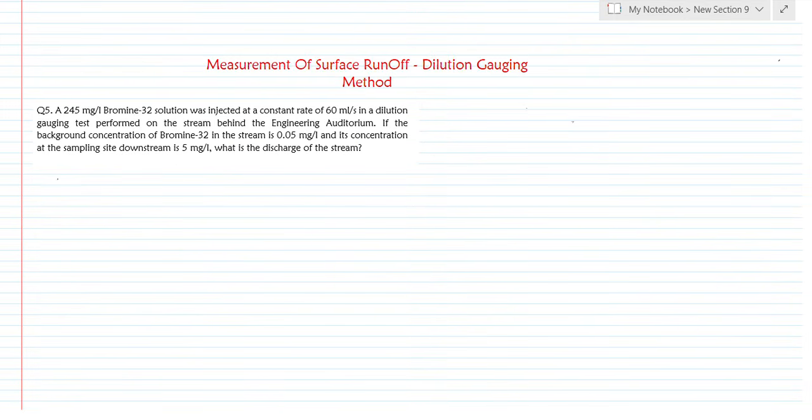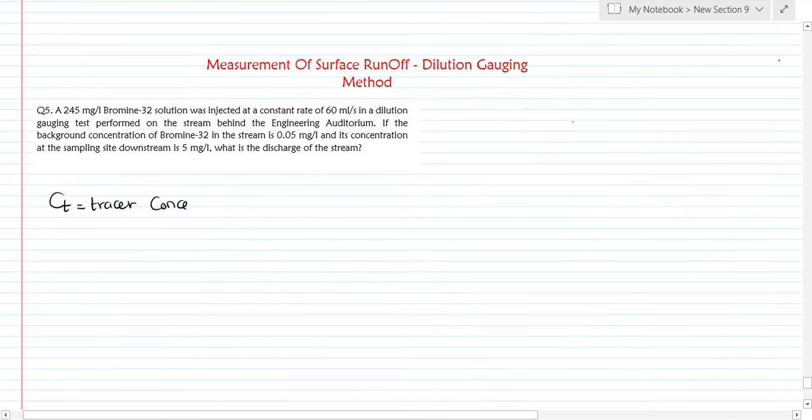So we have 245 milligrams per liter of bromine. That is my Ct, my tracer concentration. It was injected at a constant rate of 60 milliliters per second.